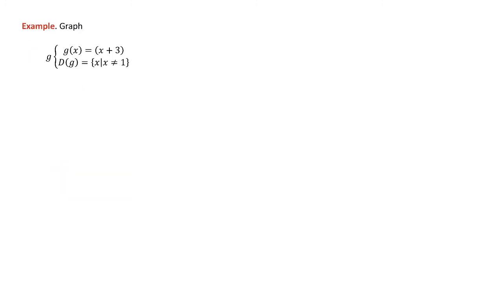Now, how about if I give you this function and ask you to graph it? Okay, so what happens here? Compare and contrast. Notice I gave you the rule, and I gave you a set. You say, well, that rule's good everywhere. X plus 3 is fine. I'm not telling you that. I'm telling you you can only use that rule as long as x is not 1. Remember, final grade.